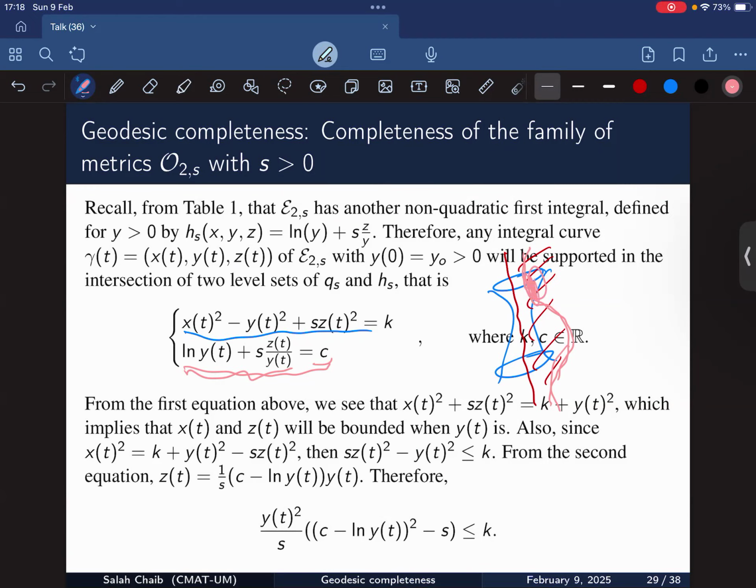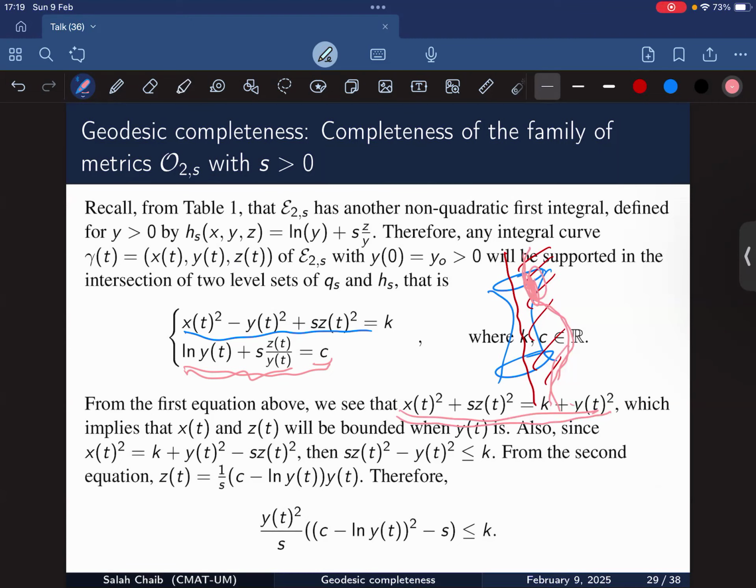So from these equations, we derive the equation of y squared from the equation of the energy, and this implies that if y is bounded, then x and z will be bounded also.